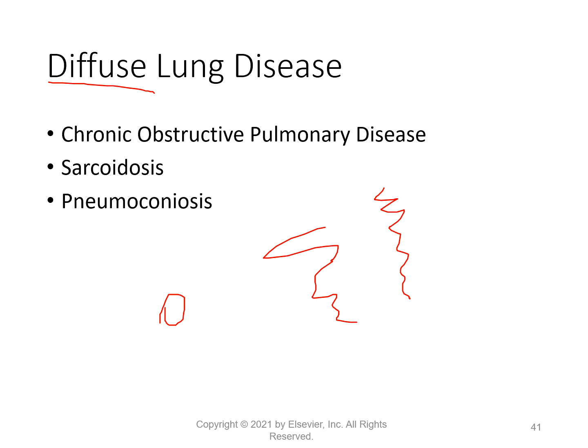A few of the diffuse lung diseases that we're going to look at are ones that you see in clinical all the time. The first would be chronic obstructive pulmonary disease, or COPD, which includes, as a subcategory, emphysema. Another would be sarcoidosis, and then pneumoconiosis.